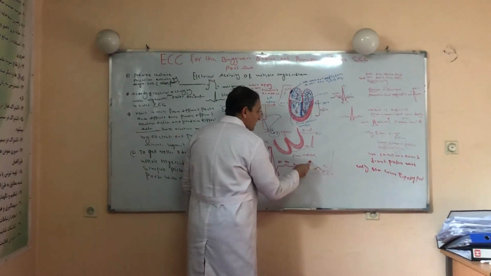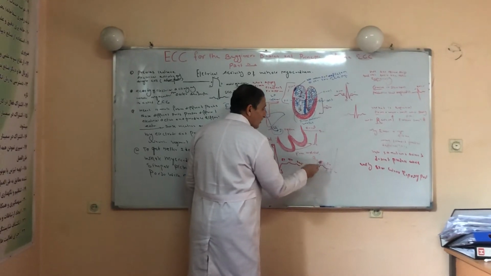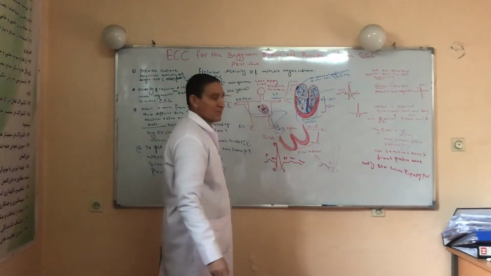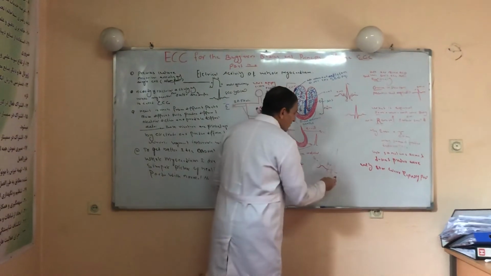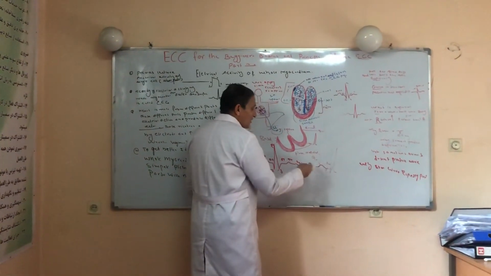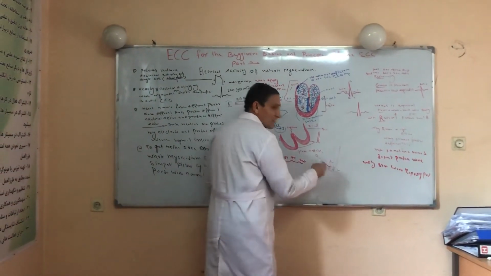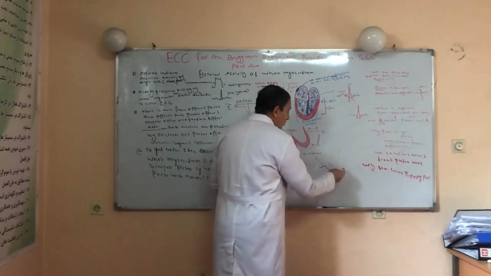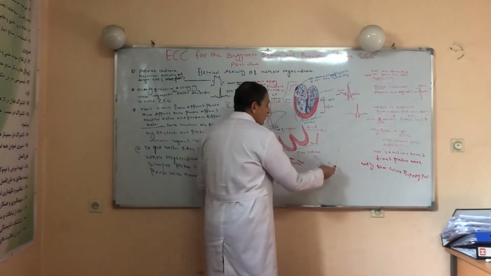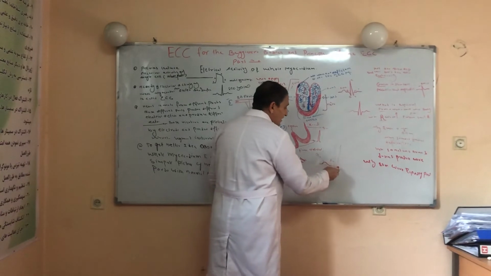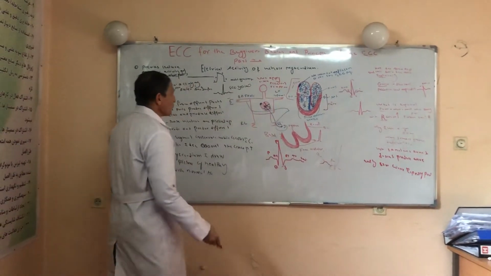The P wave represents atrial depolarization. But we don't see the atrial repolarization vector because it is slow, as repolarization depends on potassium, and the potassium channel is a slow channel. The QRS complex is a fast channel, so the QRS complex captures this atrial repolarization vector.